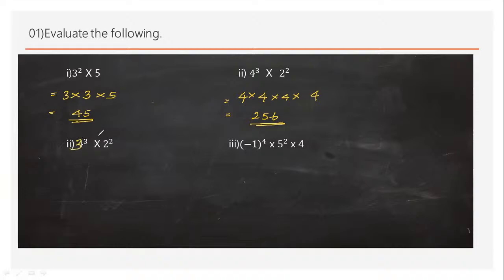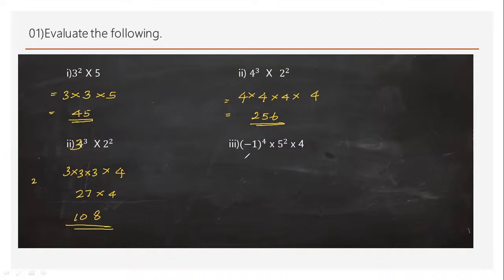I think I have included 3 to the power 3 into 2 to the power 2. 3 to the power 3 is 27: 3 into 3 into 3. 2 to the power 2 is 4. 27 into 4: 4 times 7, 28, 2 remainder, 4 times 2, 8, 8 and 2, 10, 108.